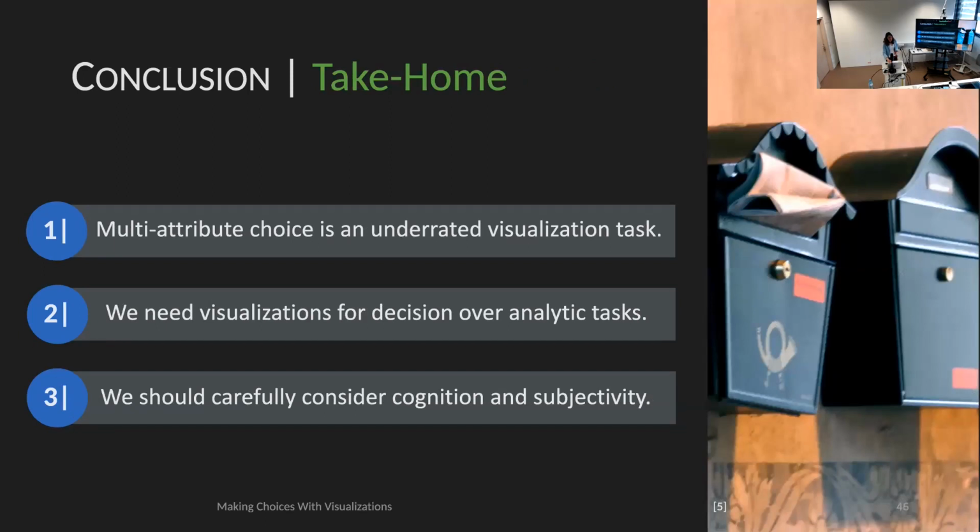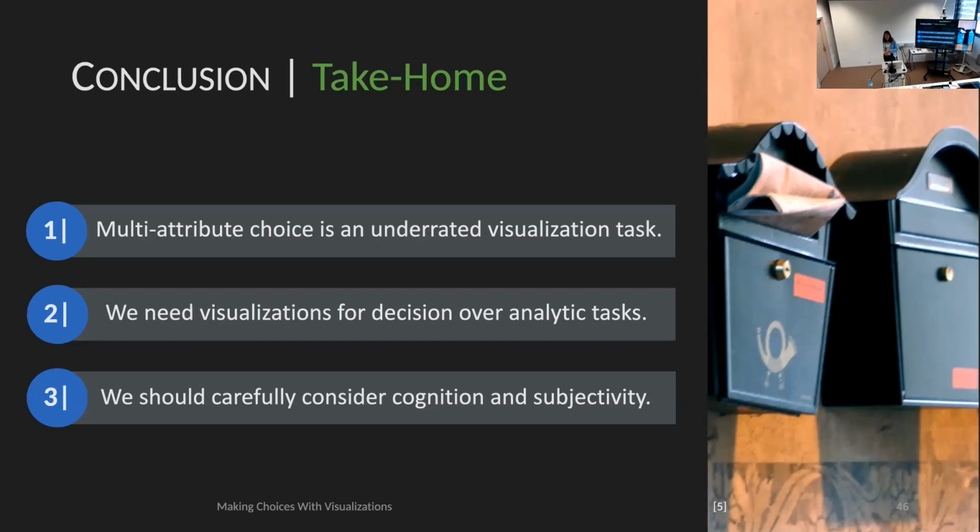Now, if I could name some thoughts that I would like you to remember from this talk, it would be first that multi-attribute choice is an important, sometimes underrated task. And there is still so much for us to discover in researching dedicated visualization support. So in line with this, we need visualization research to not only focus on analytic tasks as the building blocks of choices, but to treat choices as a task on their own.